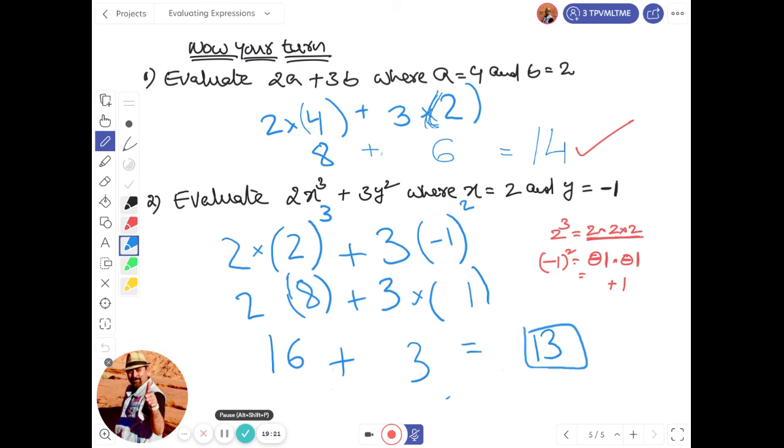So here the 2 cube is 8, and negative 1 square is negative 1 times negative 1, which gives us positive 1. So 2 times 8 is 16, 3 times 1 is 3, and 16 plus 3 is 19. So this will be the final answer.